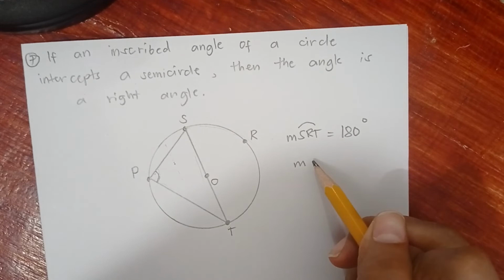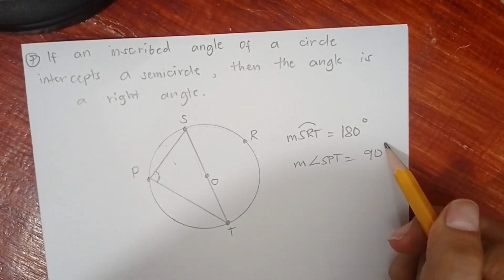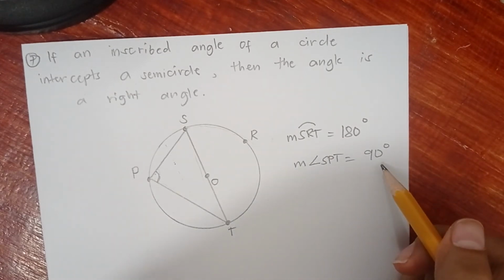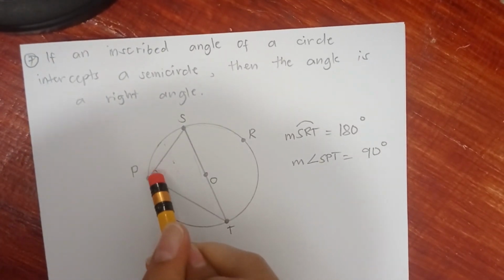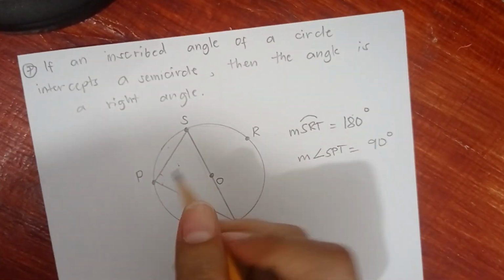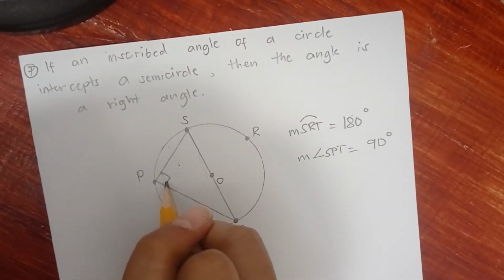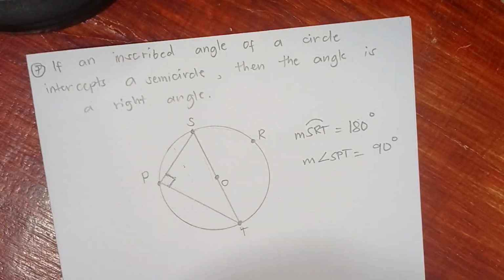So, the measure of angle SPT, 180 divided by 2 is 90 degrees. Ano ba yung 90 degrees? That is the measure of a right angle. So, ganito yung magiging symbol ng right angle class, ha. Para siyang pa-box na maliit. Yan. So, angle SPT is a right angle.